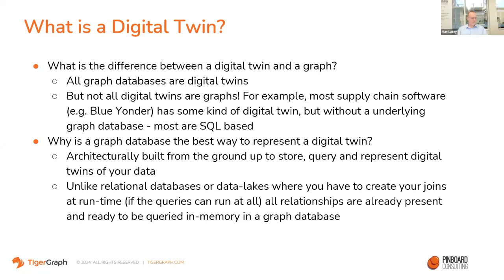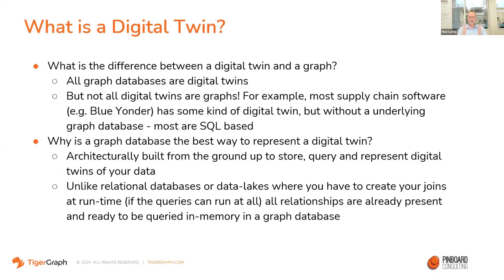So the first question, which I guess, this isn't hugely interactive, but I'm guessing people may be asking in their heads, is what's the difference between a digital twin and a graph? All graphs in a graph database are by their nature digital twins, but not all digital twins are in graph databases.